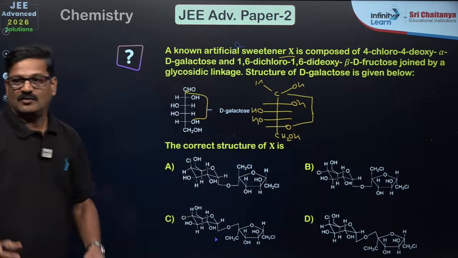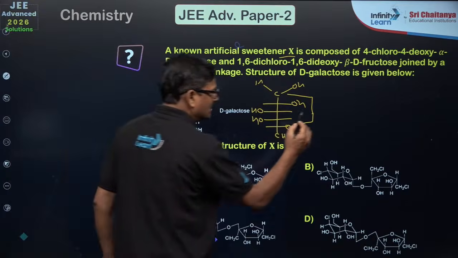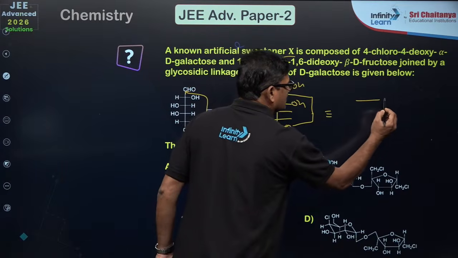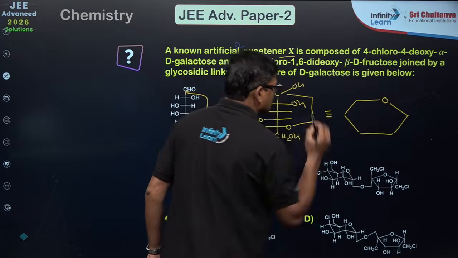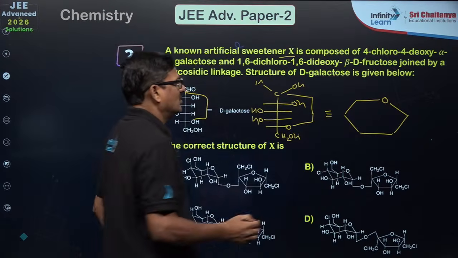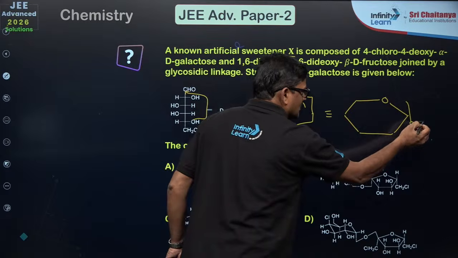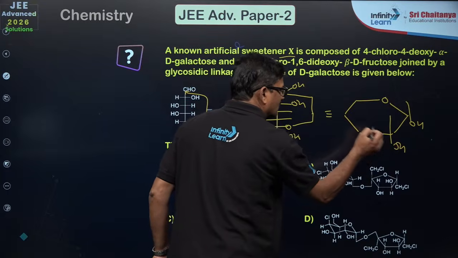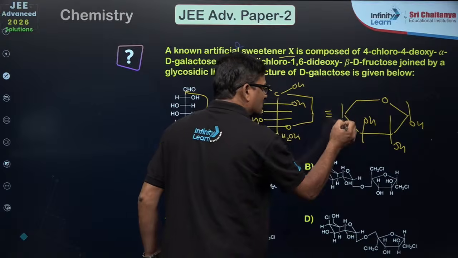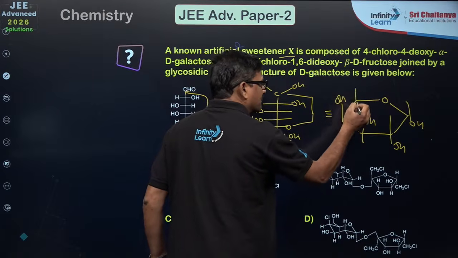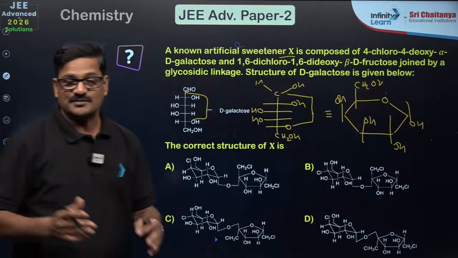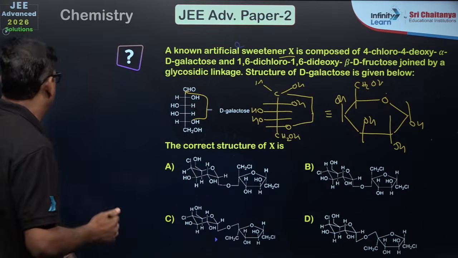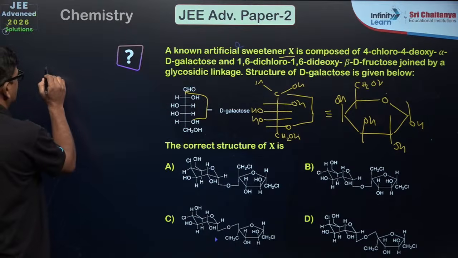So that's why I just want to say this is the structure. Okay. Now let us make it into the furanose ring structure. This is the first carbon down, second carbon down, third carbon up, fourth carbon up, and fifth carbon you have CH2OH. So let us make this structure into a ring structure.